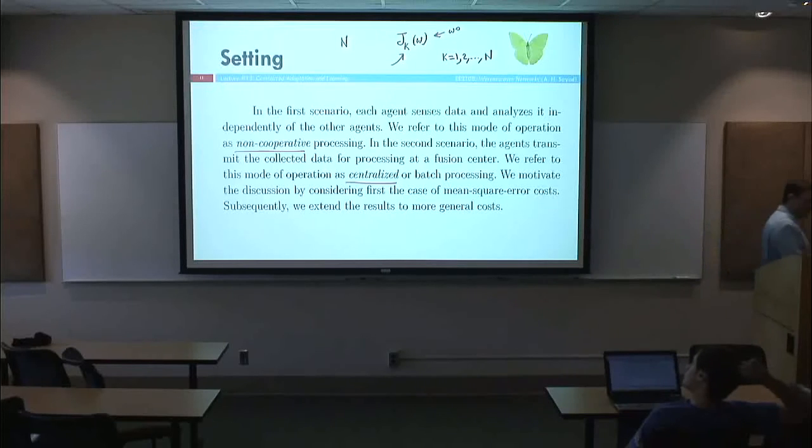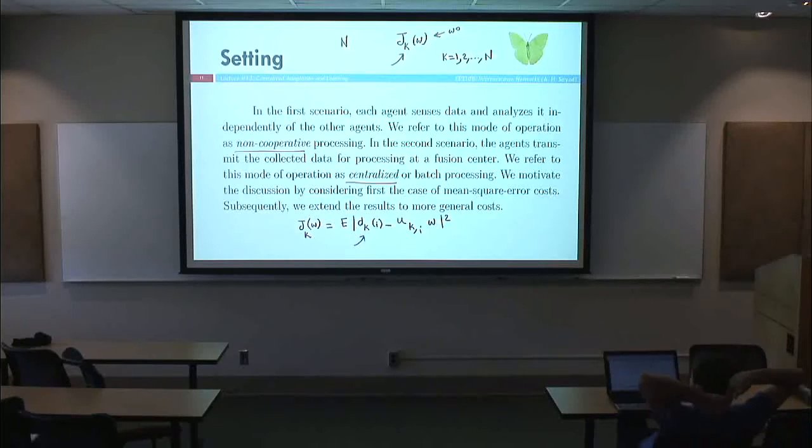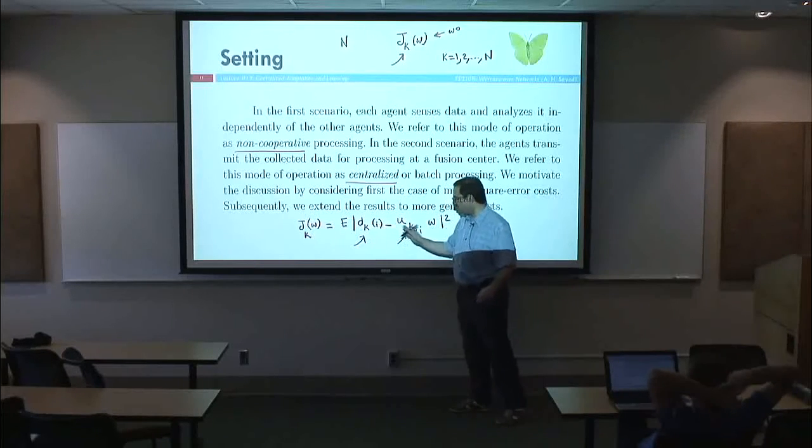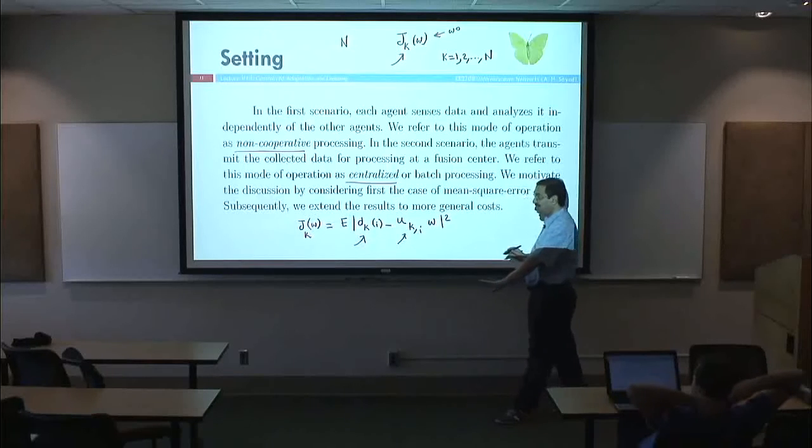So remember that, in the mean square error case, this cost will look like minimizing the mean square error using the data at agent k, which I'm going to denote by d sub k, u sub k. So now I add a subscript k just to identify that this is the data, d of i, u of i, that occurs at agent k.